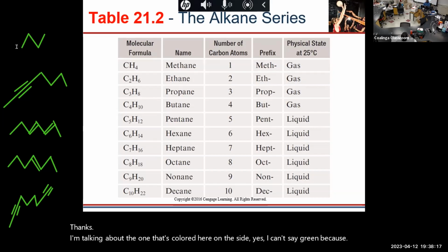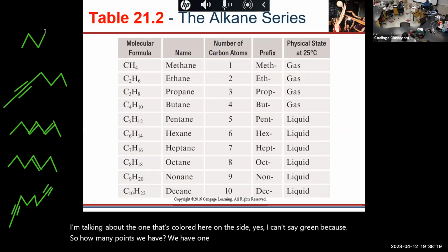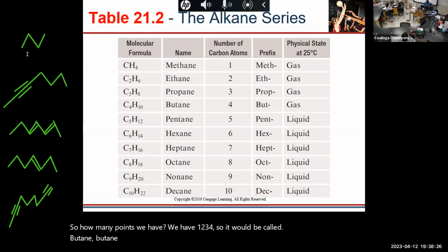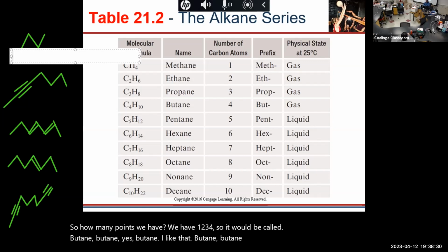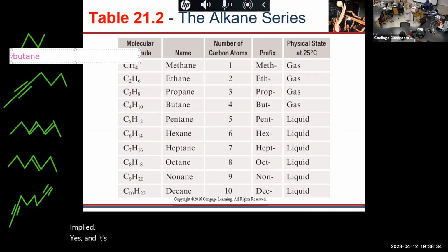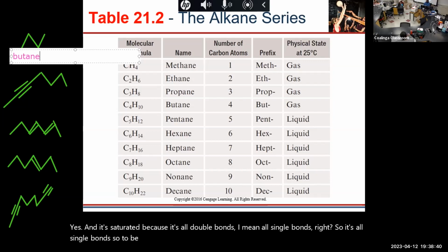How many points do we have? 1, 2, 3, 4, so it would be called butane. And it's saturated because it's all single bonds, right? So it's all single bonds, so it's saturated, which basically means it is filled with as many hydrogens as are needed.